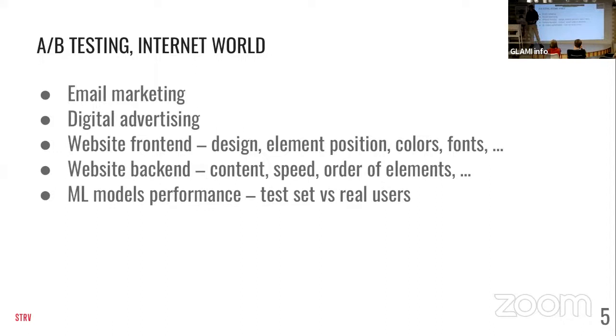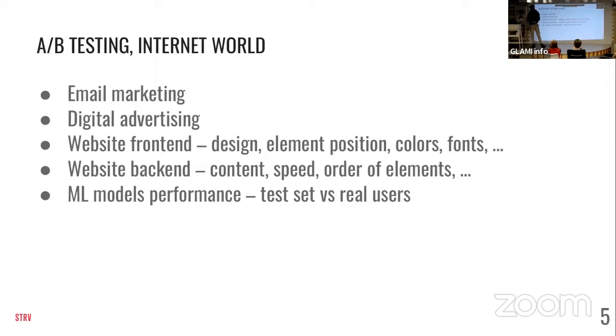And I also have here machine learning model performance, because I'm glad that Mathieu is here, because we had a lot of experiments at Seznam where our machine learning models performed really well on testing data. I mean, the standard machine learning loop. But when it comes to A/B testing, it was really difficult to apply this to winning A/B tests.